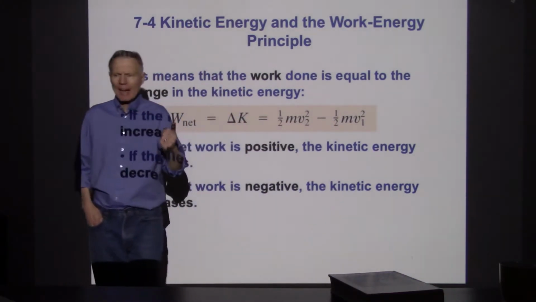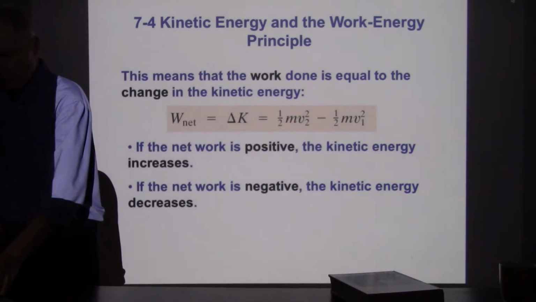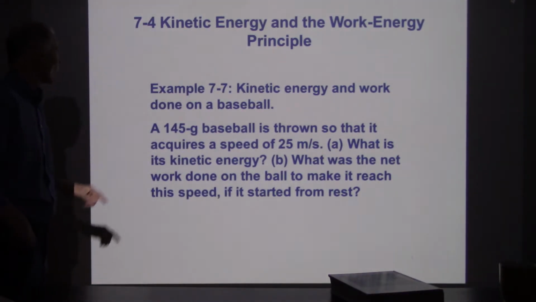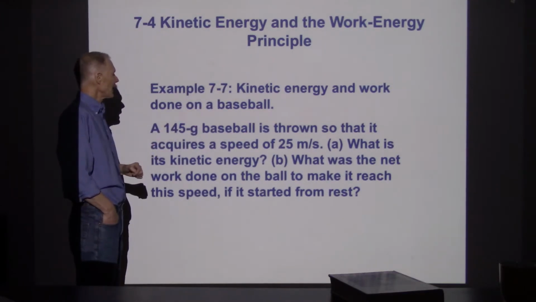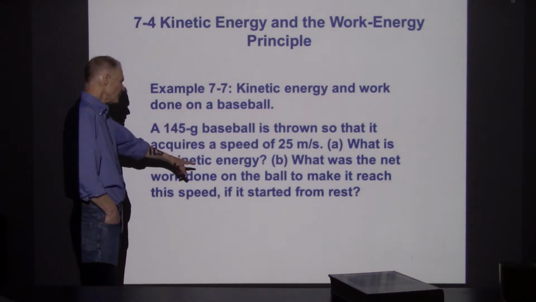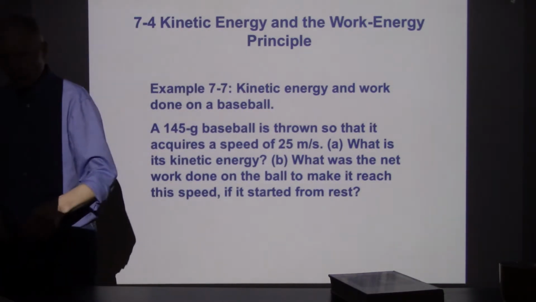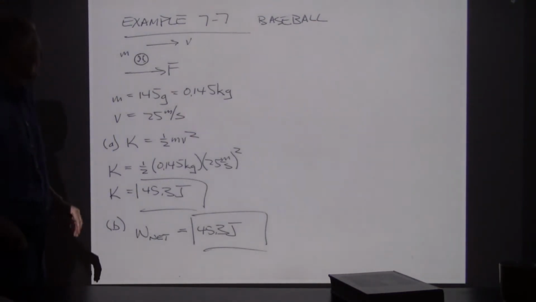So that's going to tell me how much kinetic energy I have in that object. From the information given, we should be able to calculate how much kinetic energy. And then part B says, what was the net work acting on the baseball?